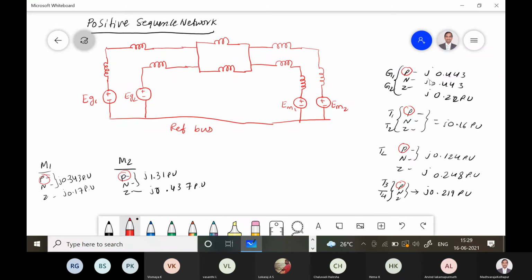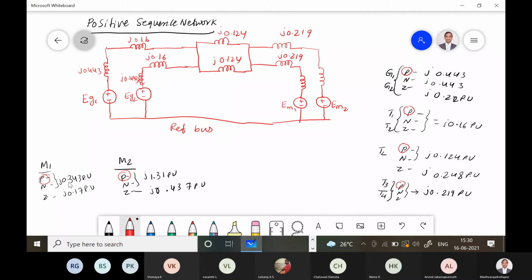Right? So for generator 1 and generator 2, j0.443, j0.443. For transformers 1 and 2, j0.16, j0.16. For the transmission lines, 0.124 for both. Transformers 3 and 4, j0.219, j0.219.